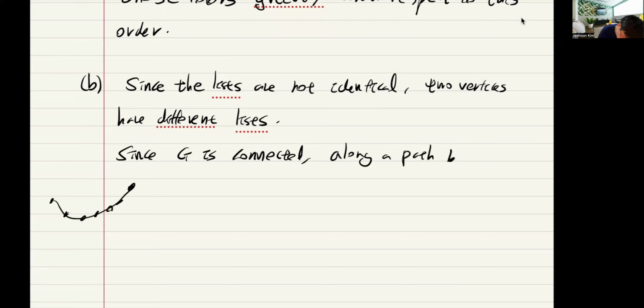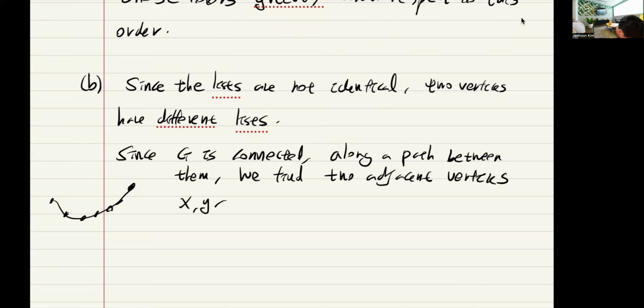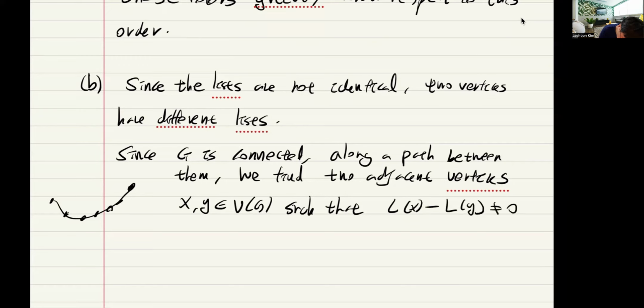Along a path between them, we can find two adjacent vertices x, y, such that L of x and L of y are different. So that let's say L of x minus L of y is not empty.